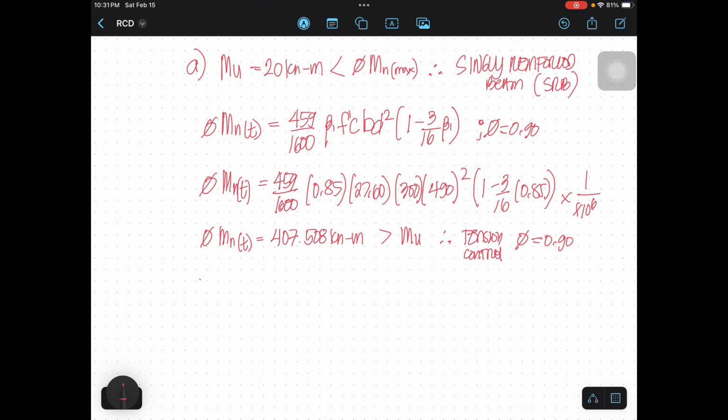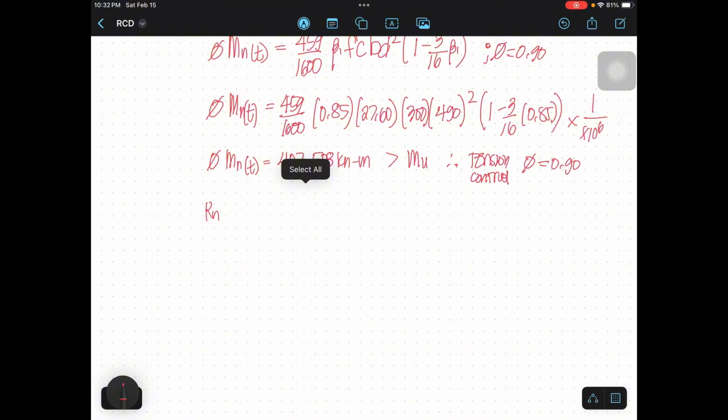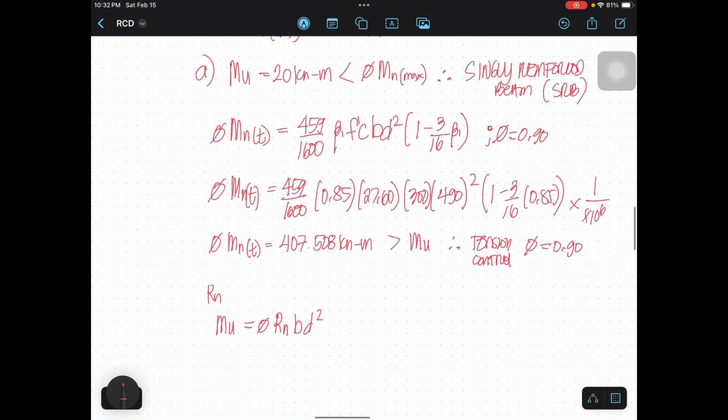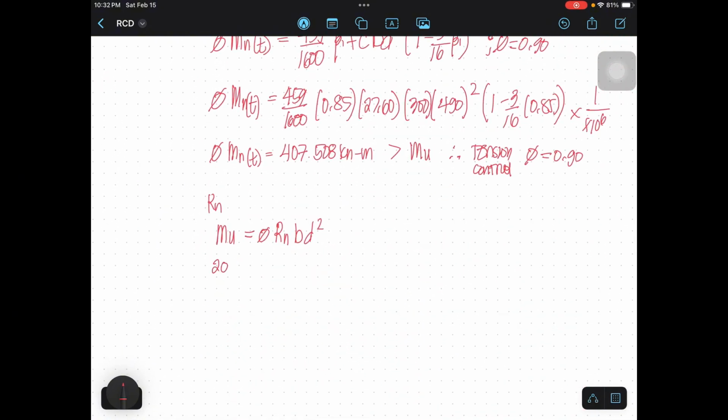Para ma-compute natin yung Rn o yung coefficient of resistance, kailangan gamitin natin yung ating factored moment. Equate natin yan sa reduction factor, coefficient of resistance, multiply by the base and then the squared of the effective depth. Okay, so since yung MU natin, the first na pinapakonsider ay 20 kilonewtons meter, so yung mga value dito is naka-millimeter, so i-reciprocate natin yung ginawa natin kanina.